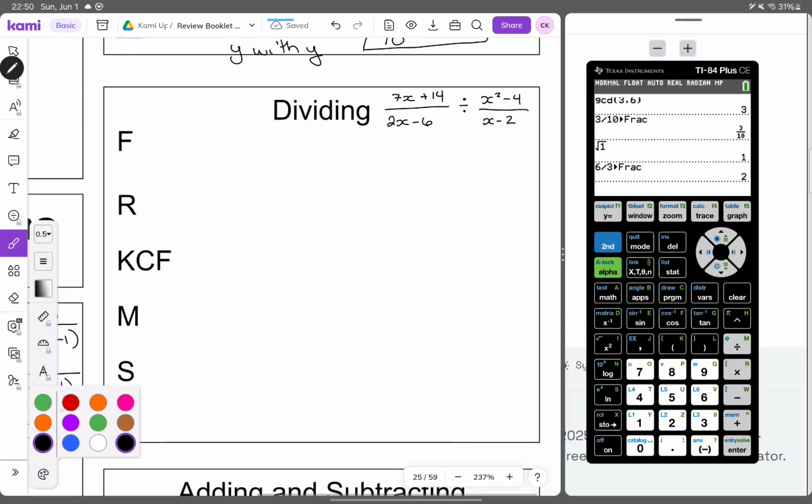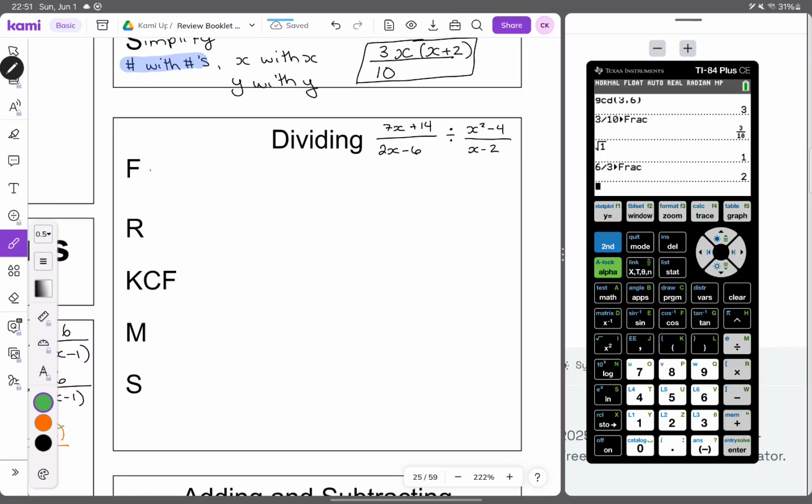All right, step 1, like usual, is going to be factor. Okay, and we still only have the two types of factoring: greatest common factor, and your difference of squares. So this one actually has both.